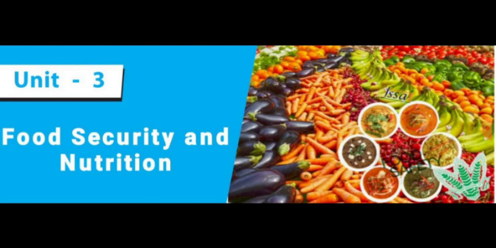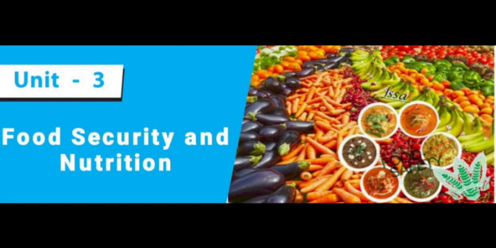Availability and access means it is not only food security for people in a country, but also the ability of people to purchase the food and to stay in a healthy environment. Then the growth in food grains production was made possible by the HYV program. That means for the purpose of growing production, our government implemented the HYV program, high yielding varieties.